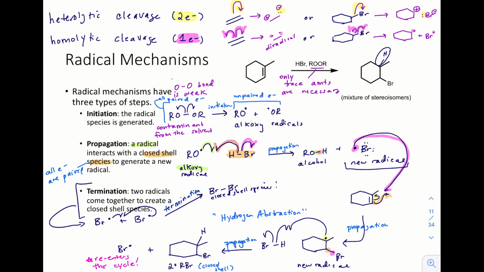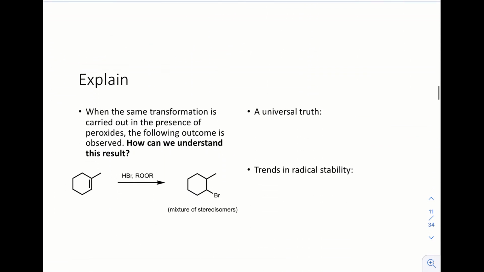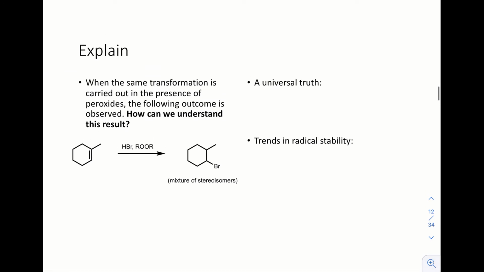Well, great, we just drew a mechanism. However, how can we understand the difference in regioselectivity, meaning the difference in which constitutional isomer of product is formed?